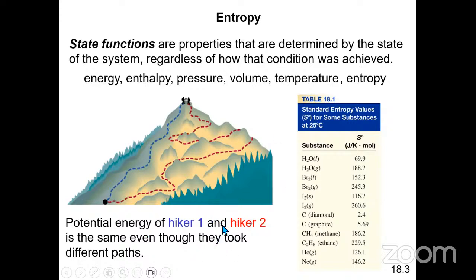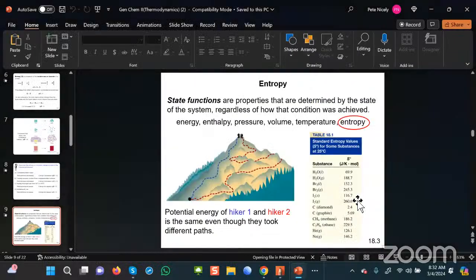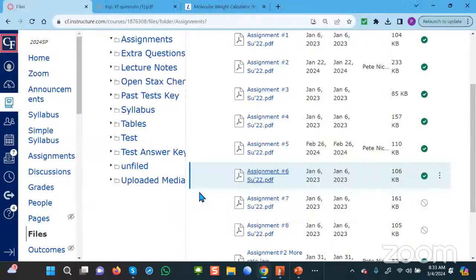Now, in terms of entropy, these entropy values can actually be quantified. And this table here is basically a small sample of different substances and their entropy values. Now, in Canvas, I've posted a more comprehensive list. Let me show you where that is listed.